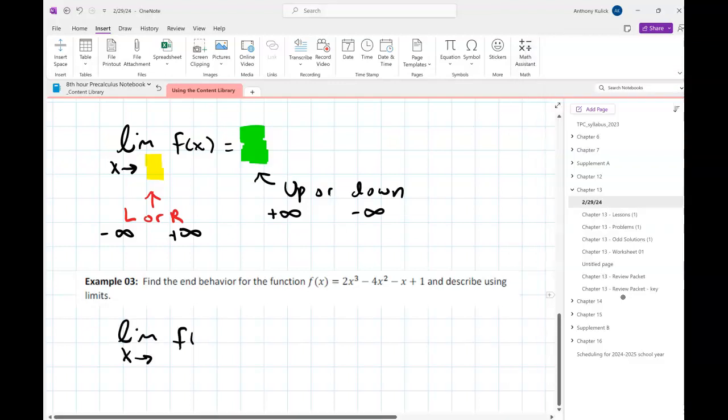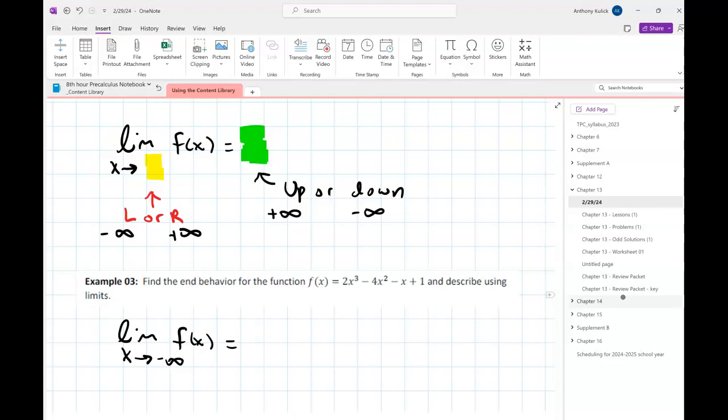So we're going to start here. Right? That part's always the same regardless. We have two things to fill in. What should x be approaching if we're talking about the left arrow pointing down? Should be positive infinity or negative infinity? Negative infinity, because we're looking at the left arrow. So that's where the negatives live.